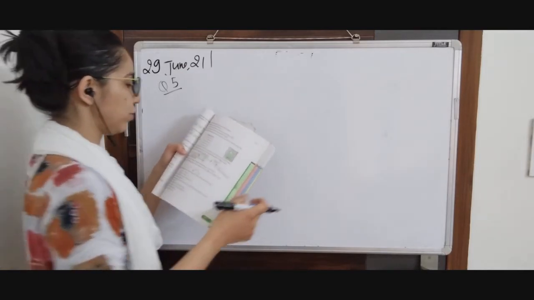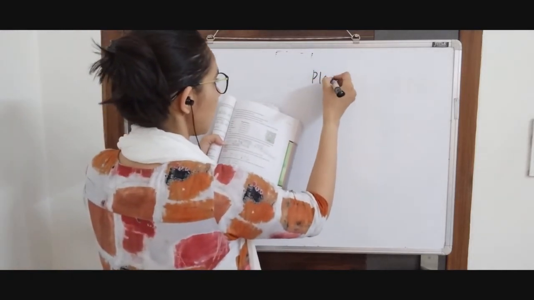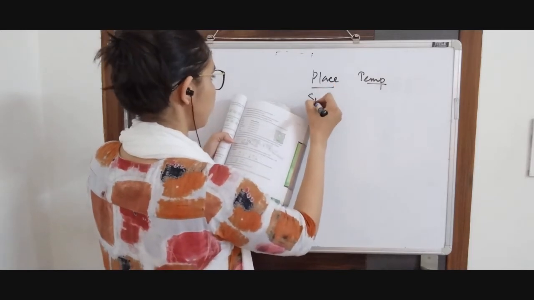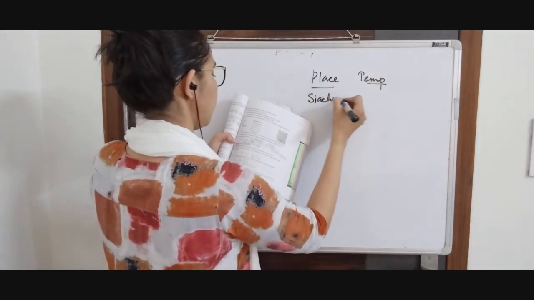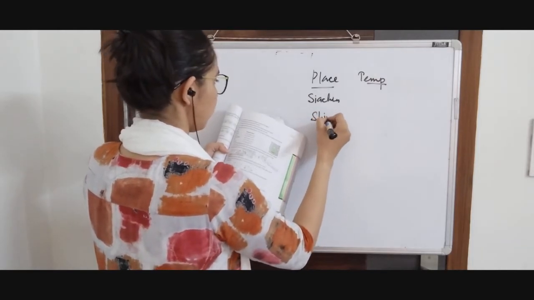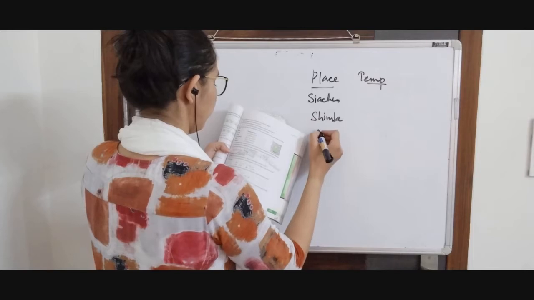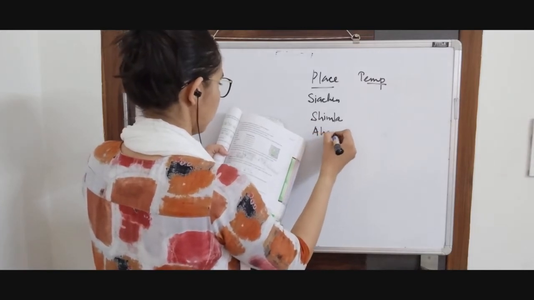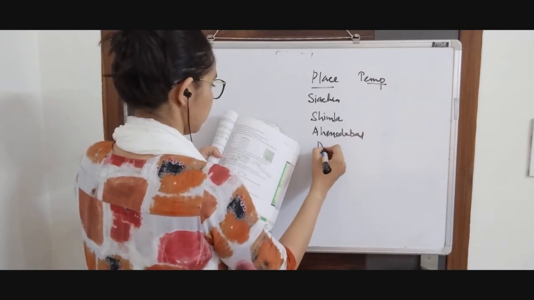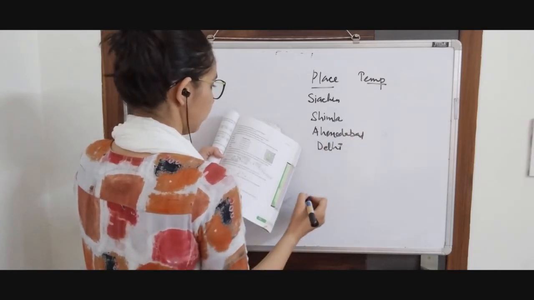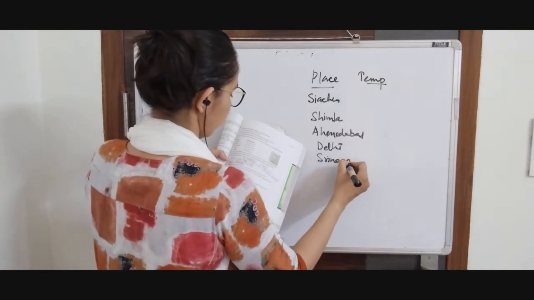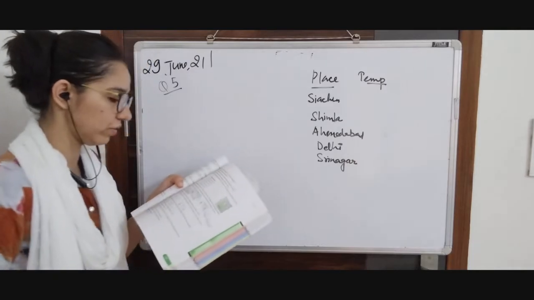We have been provided with the place and the temperature. Your place is Siachen. Temperature is 10 degree below 0 Celsius. Then we have Shimla, 2 degree below 0 Celsius. Then we have Ahmedabad, which has 30 degree above 0 Celsius. And Delhi, it is 20 degree above 0 degree Celsius. And Srinagar, which has temperature 5 degree below 0 degree Celsius.